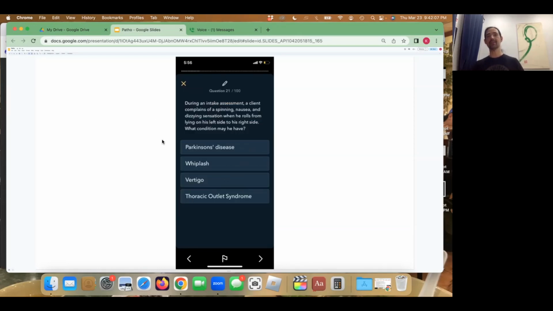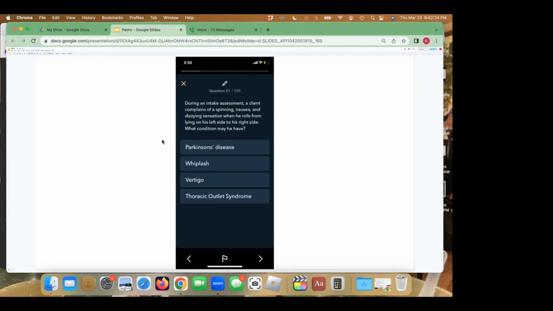During an intake assessment, a client complains of a spinning, nausea, and dizzying sensation when he rolls from lying on his left side to his right side. What condition may he have? Parkinson's disease, whiplash, vertigo, or thoracic outlet syndrome? Thoracic.